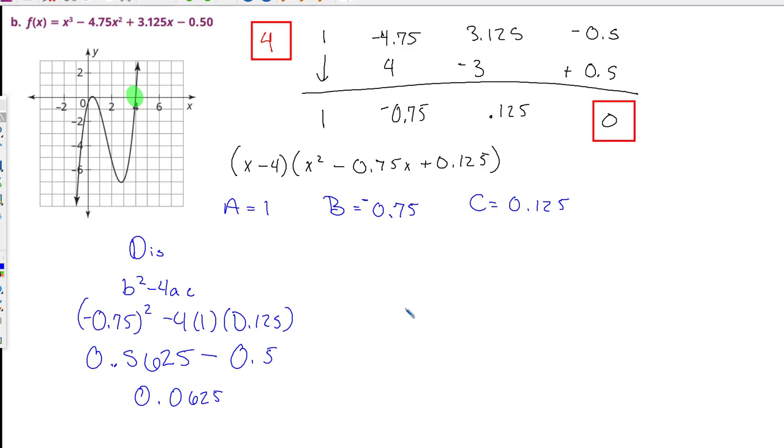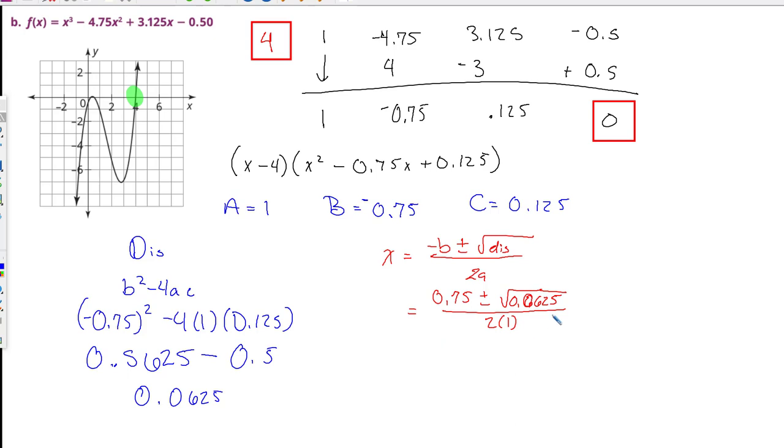So my next step is to plug it into the quadratic formula. x equals negative b plus or minus the square root of my discriminant divided by 2a. So negative b is opposite of b, so 75 hundredths plus or minus the square root of 625 10,000ths divided by 2 times 1.